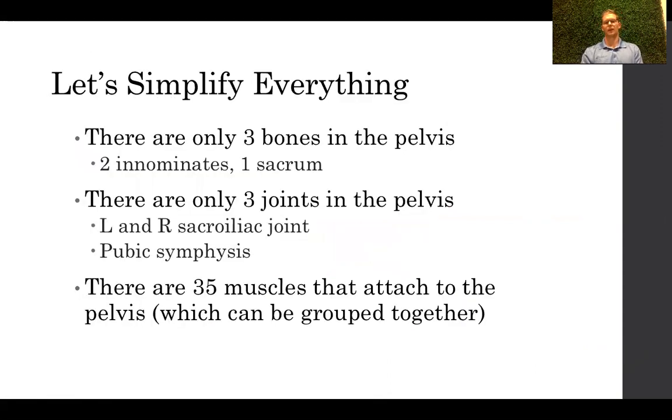When we talk about the SI region, there are 3 bones in the pelvis: your left innominate, your right innominate, and the sacrum in the middle. Those are the 3 bones of the pelvis, or of the sacroiliac joints. There are 3 joints here. You have your left and right sacroiliac joints, where your left innominate meets your sacrum, and the same thing on the other side.